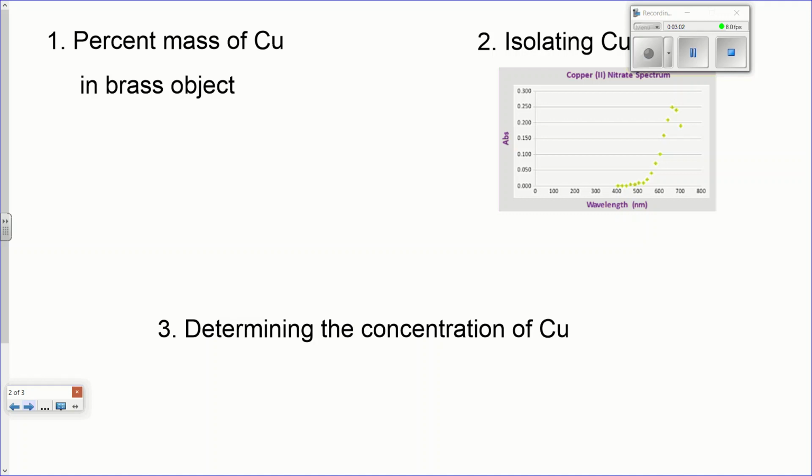So, in order to determine the copper content in brass, we're going to follow several steps. The copper content in brass is going to be expressed primarily as a percent mass of copper in the brass object. Now later in your lab reports, and I'll explain this a little later, you're going to go on to find the mole fraction of copper in brass.